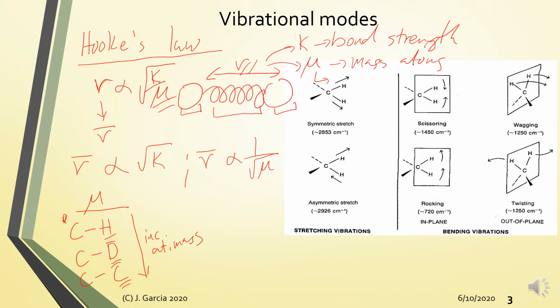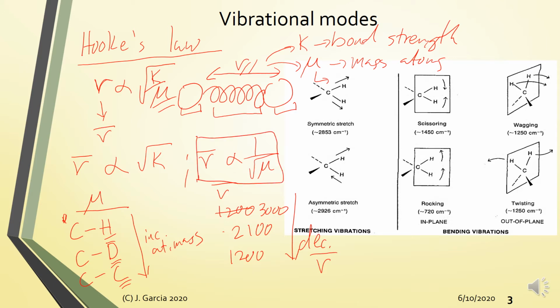Now, if you look at your IR tables, yung wave number values nila would be roughly 3,000, 2,100 and 1,200. So, makikita natin. As you increase the atomic mass, what happens to the wave number? You have a decreasing trend in the wave number, which follows this particular relationship.